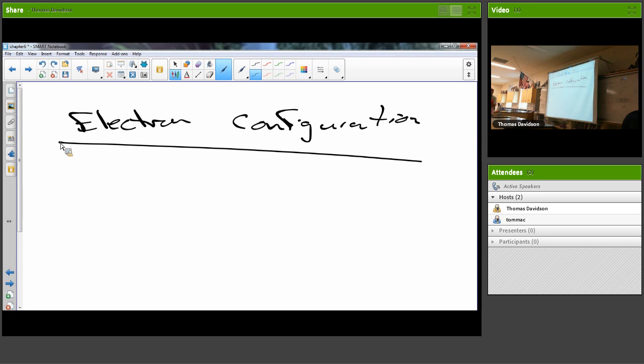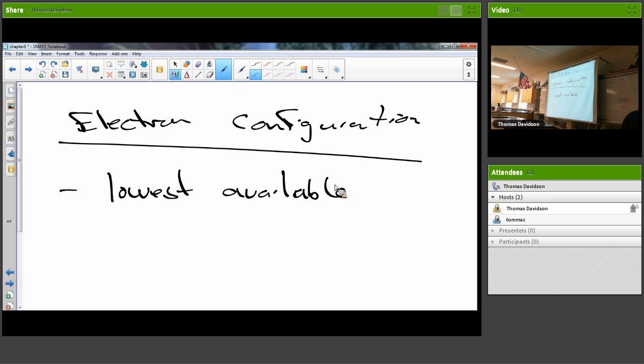Okay. All right. So this electron configuration has a couple of ideas. First off, when we add an electron to an atom, it goes to what we call the lowest available energy level first.